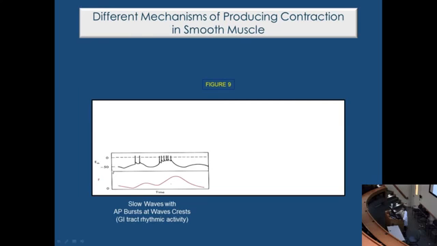So here what I have is a relationship between the membrane potential and the generation of force at the bottom. As you can see, the activity that I just described, this swing in membrane potential with the appearance of action potentials on top of these swings, you see how if the burst contains many action potentials, this will be transduced into a stronger force of contraction, as is illustrated here.